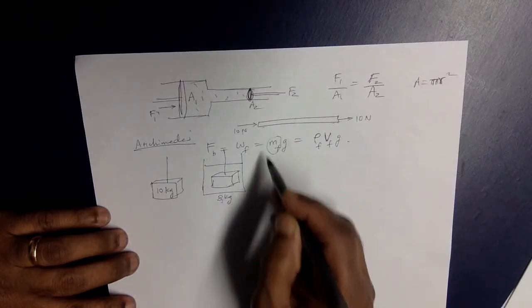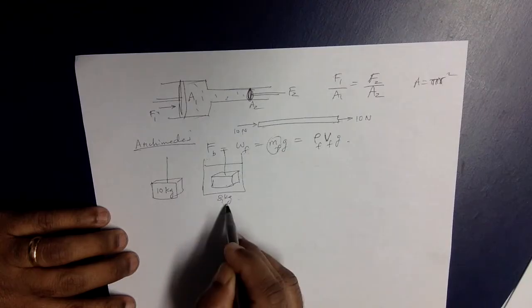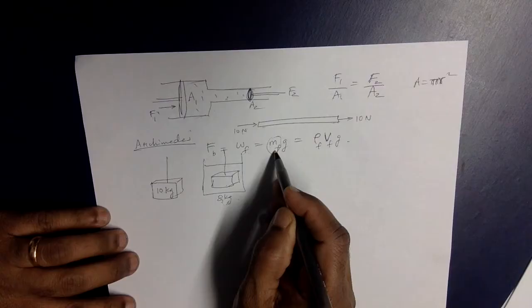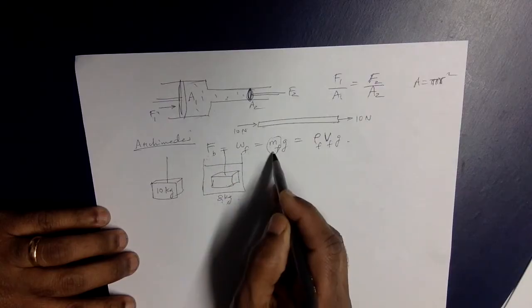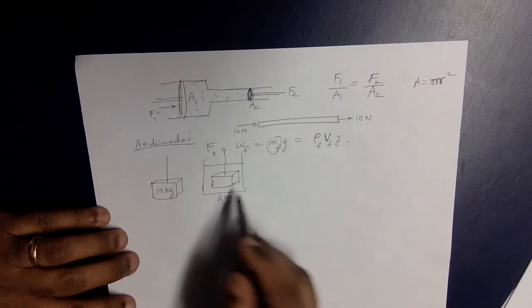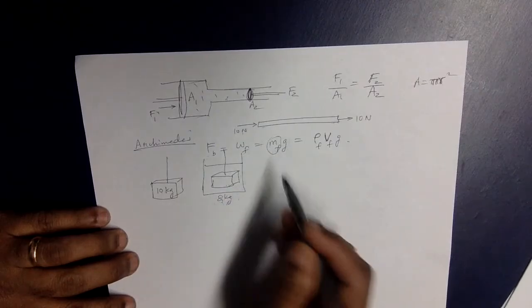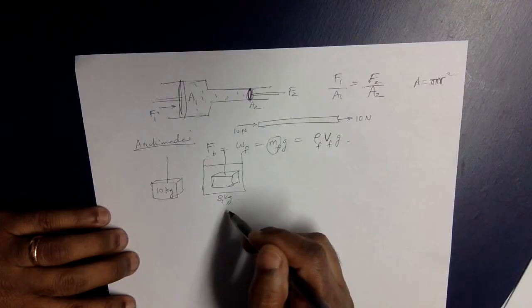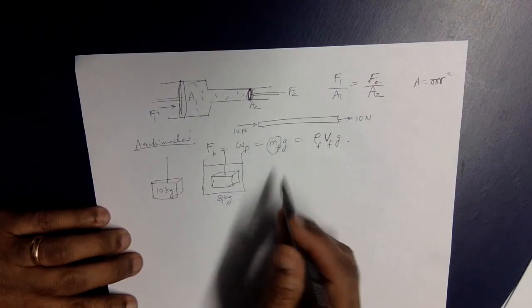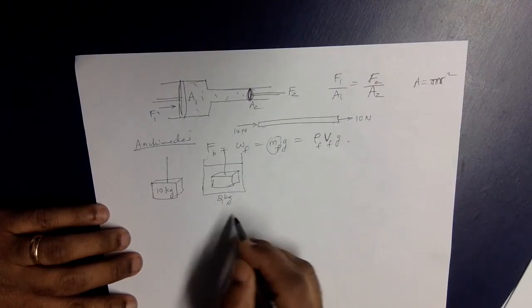So the mass of fluid displaced is 2 kilograms. So if the mass is 2 kilograms, then the buoyant force is 2 times 9.8. So the buoyant force on this block right now is 2, which is the mass of the fluid displaced, times gravity.